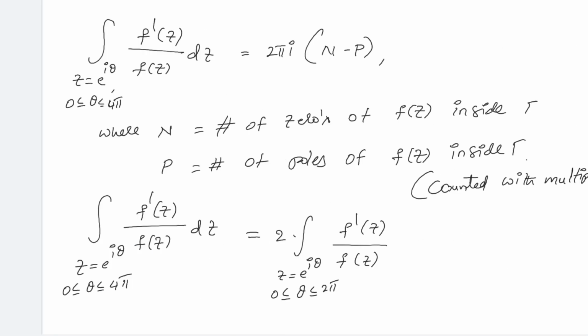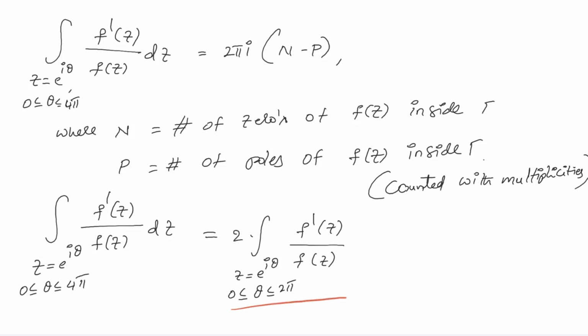That means we are considering the same circle in the second integration, but it is running only one time. So since the first integration is running two times, I can multiply the whole integration with 2, but change the range of theta from 0 to 2 pi. The values of both the integrations are the same.